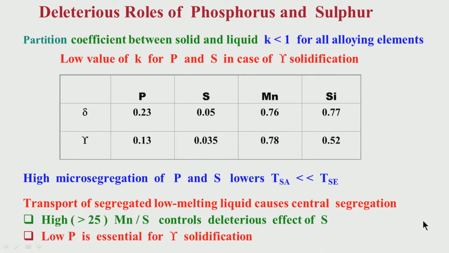If you have 0.2 sulfur, manganese has to be more than 0.5 in the steel. This is from the point of view of taking care of the deleterious effect of sulfur in causing high levels of segregation, in causing incipient fusion, in causing low melting constituent of iron sulfide. These have to be taken care of by putting relatively more manganese in steel.